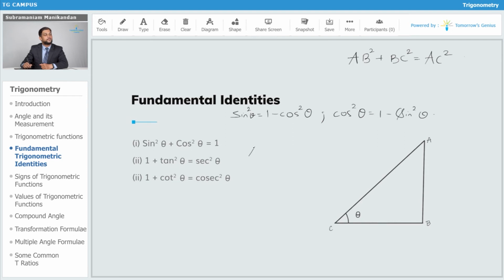Similarly, sec square theta minus 1 equals tan square theta, which gives us also sec square theta minus tan square theta equals 1, which gives sec theta minus tan theta times sec theta plus tan theta is equal to 1 as well.